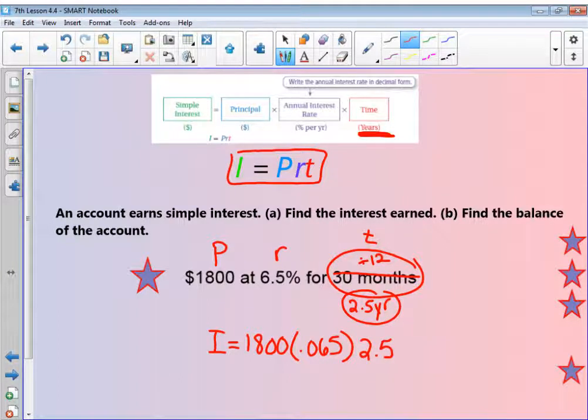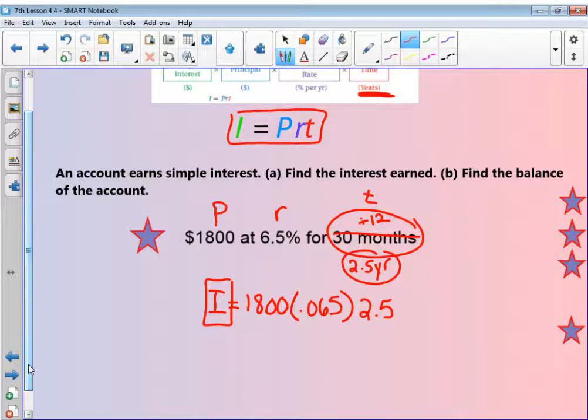Since we already have I by itself, we multiply it the way that we see it. So 1,800 times 0.065 times 2.5. And when we do that, I found that the interest is $292.50.